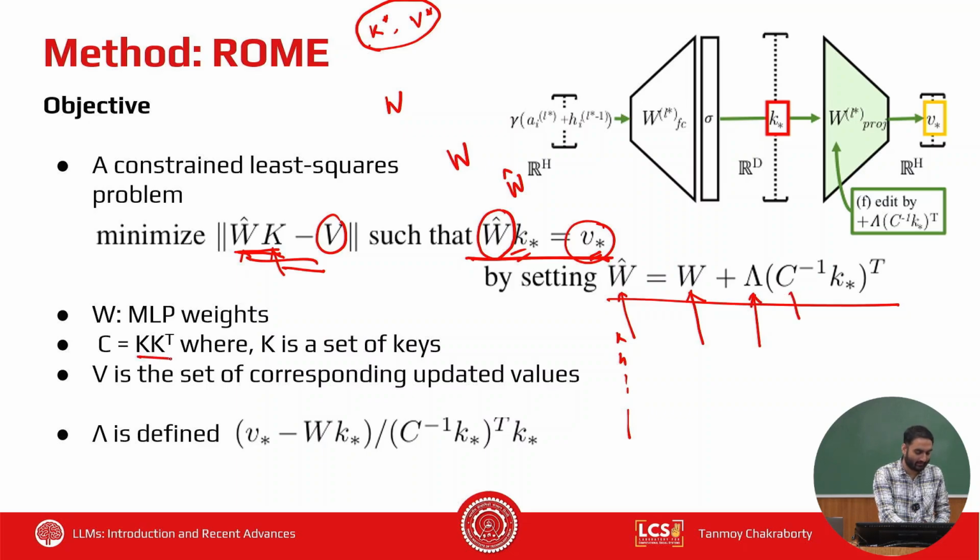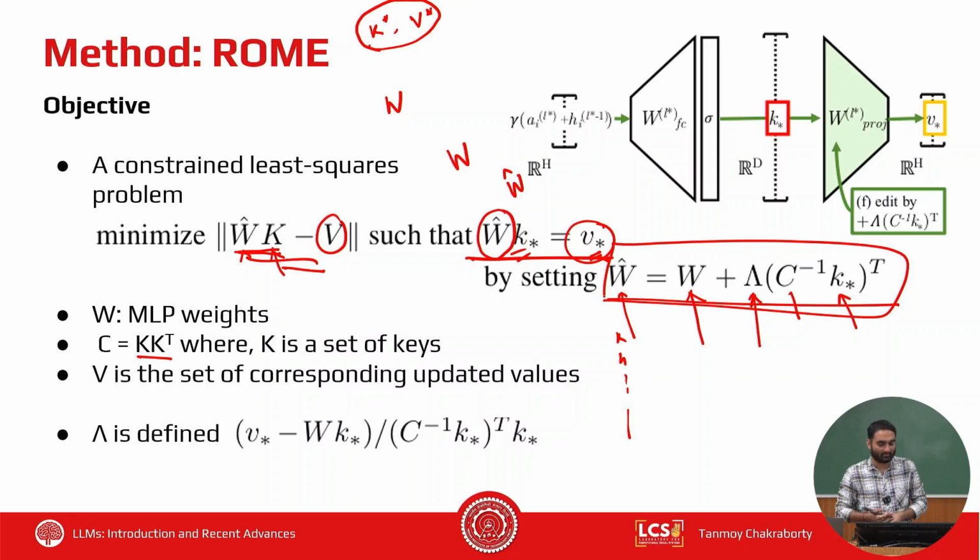What is C inverse? C is basically K K transpose, where K is the key matrix. So this is a symmetric matrix, right? And what is this K star? K star is a new key that you want to include. It has a closed form solution. This is very nice. It means that you don't need to do this iteratively.